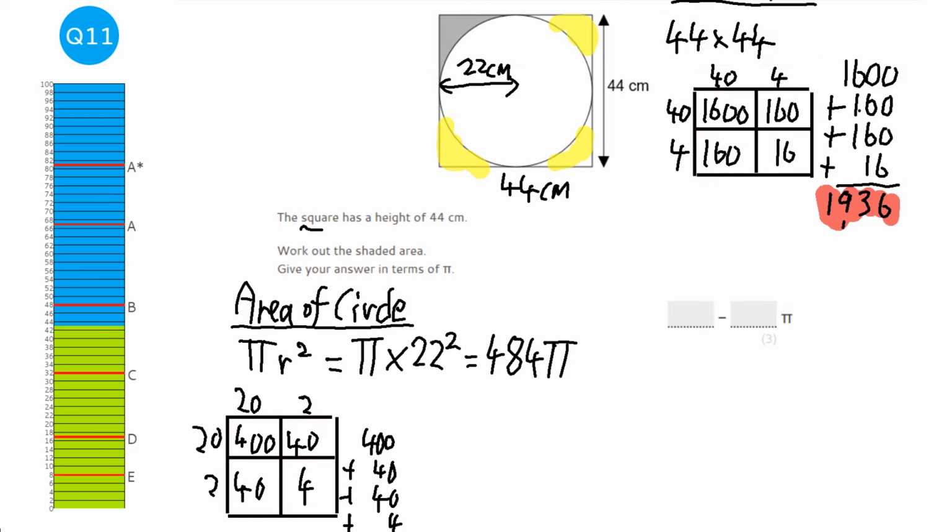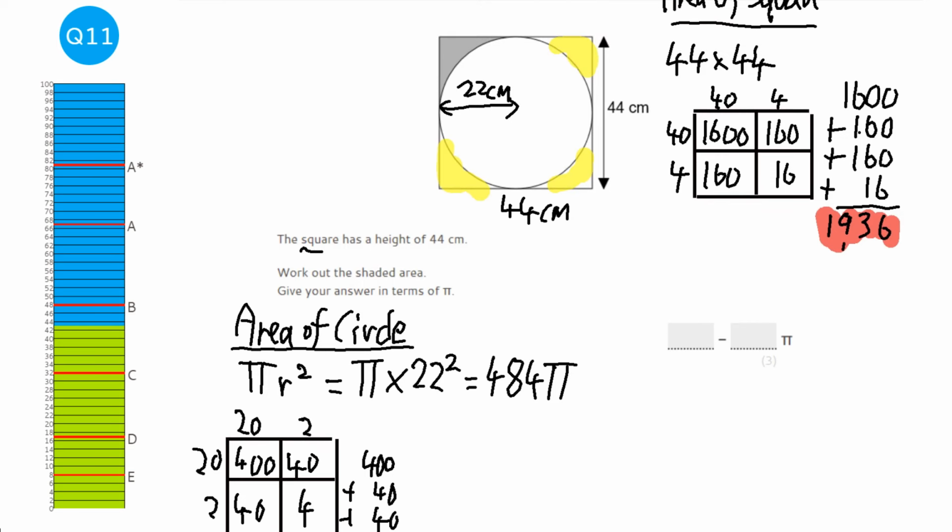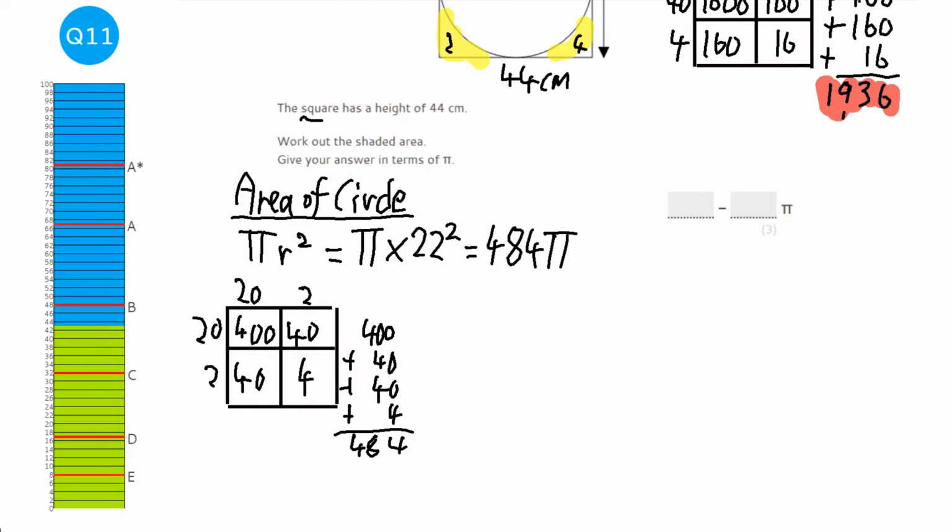So to work out all of the side bits, so this one, this one, this one, and this one, we take them away. So total area is going to be the square, which was 1936, take away the circle, which was 484 pi.